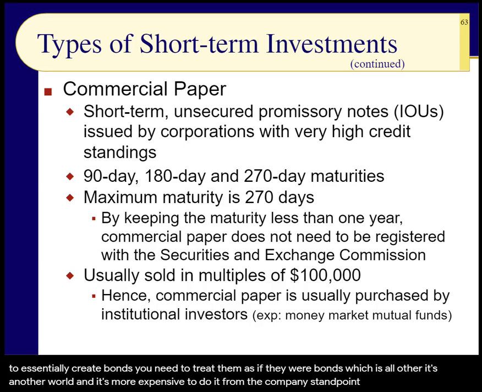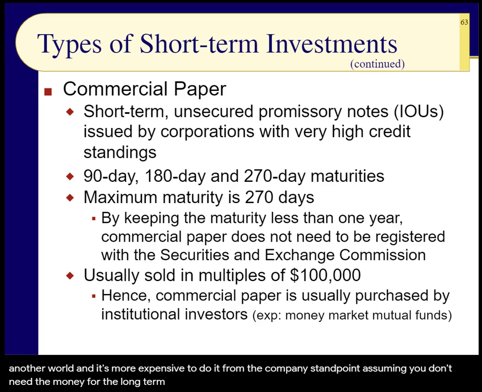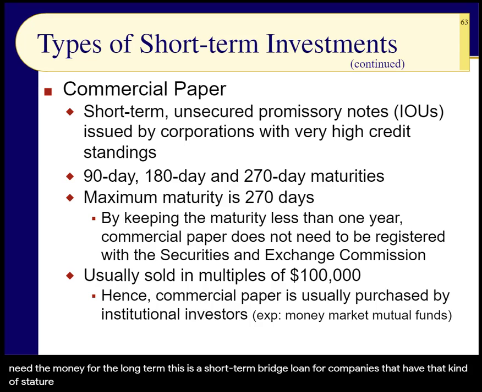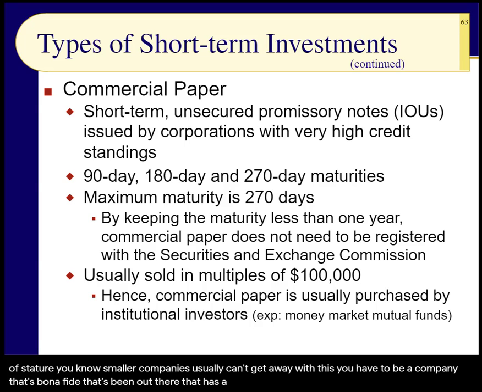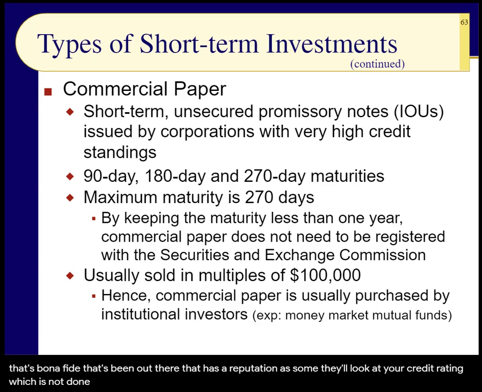So, assuming you don't need the money for the long term, this is a short-term bridge loan for companies that have that kind of stature. Smaller companies usually can't get away with this. You have to be a company that's bona fide, that's been out there, that has a reputation. They'll look at your credit rating, which is not done the same way our credit rating is. We'll discuss that later when we get to bonds. So that's commercial paper.